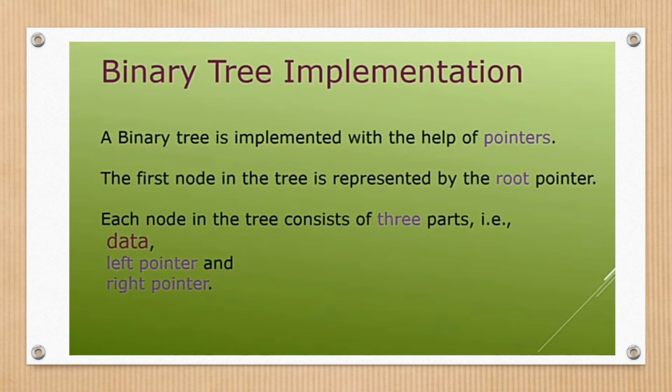Each node can consist of three parts: first, data, left pointer, right pointer. Left pointer represents the address of the left child and right pointer represents the address of the right child.